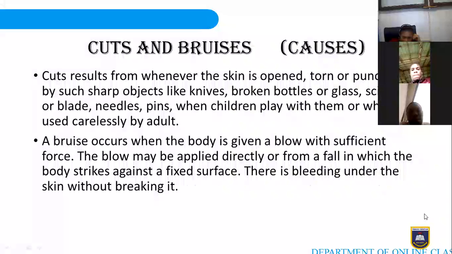Then we looked at cuts and bruises. We said cuts result from when the skin is torn or punctured by a sharp object like knives, blades, broken glasses, etc. And for bruises, they occur when the body is given a sufficient force, and the blow may be applied directly or indirectly with the force in which the body strikes against.